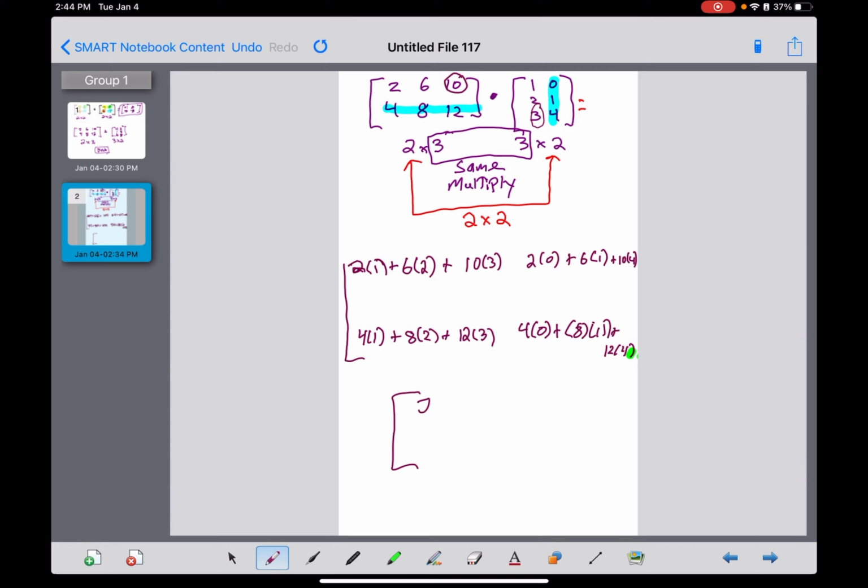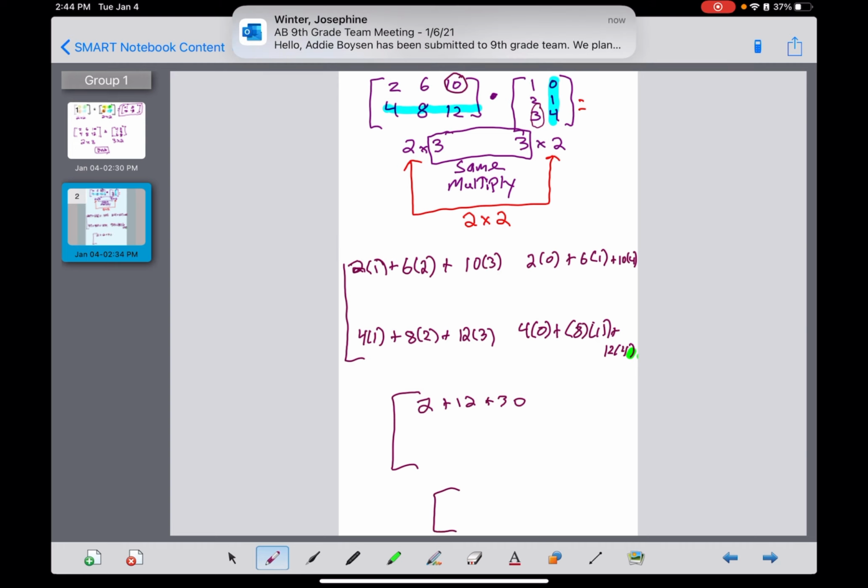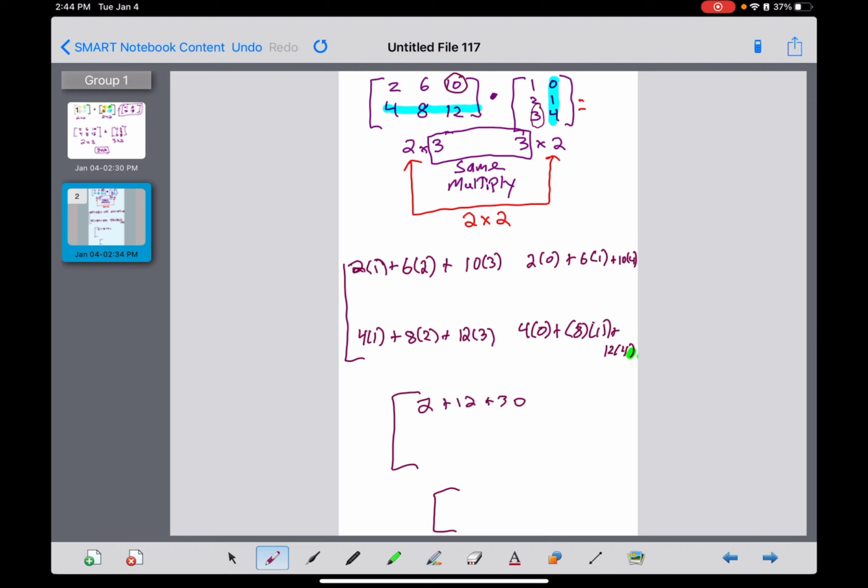So it's 2 plus 12 plus 30. What is that? 44? Yep. That's 44. Now we do this one. It's 0 plus 6 plus 40. That's 46.